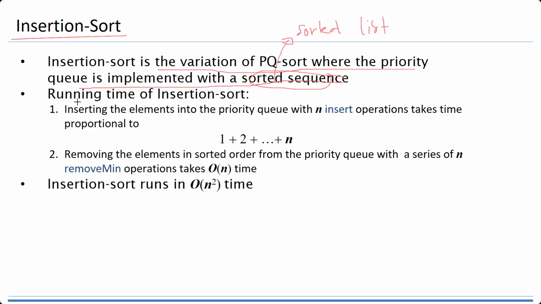When we insert the elements into the priority queue, we have n insert operations that take proportionally up to n times. And then when we remove the elements in sorted order from the priority queue, it will take another n operations. So the insertion sort will be n power of 2.